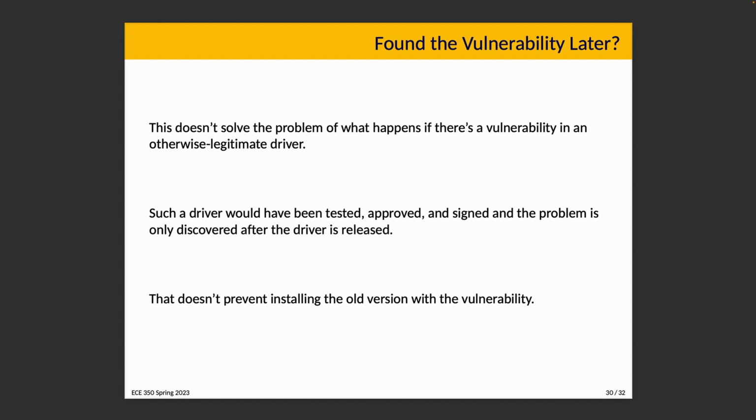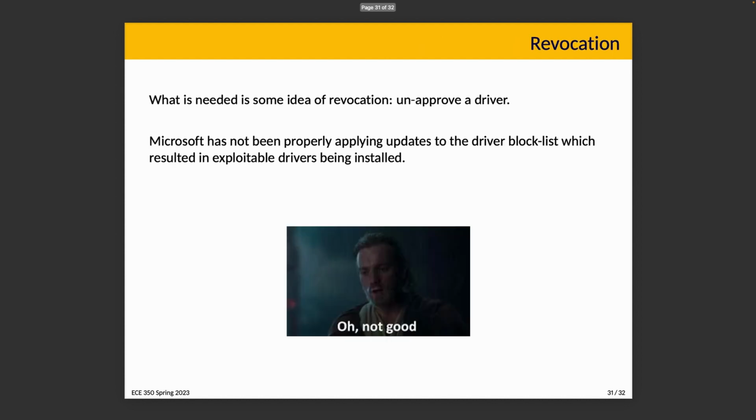And yet. So Microsoft, I don't intend to pick on them too badly here, but Microsoft does in fact have a block list. And the block list is used to identify drivers that previously had been approved, but we now know have a vulnerability in them, to effectively prevent them from being installed when we know that there is such a vulnerability.